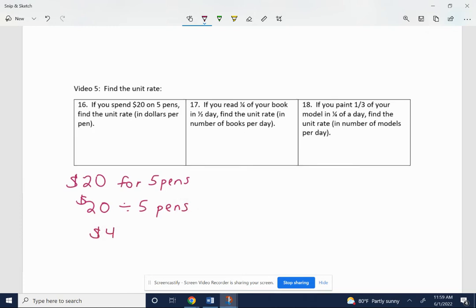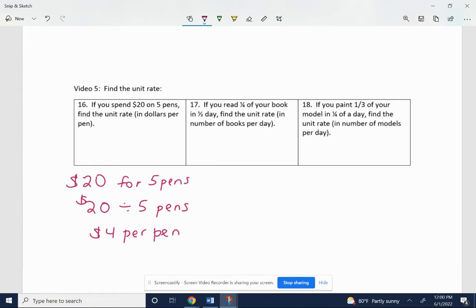So that means $4 per pen. So whatever the unit rate that they want, the label per label, just take the two numbers, think of the word per as meaning division, and just divide.